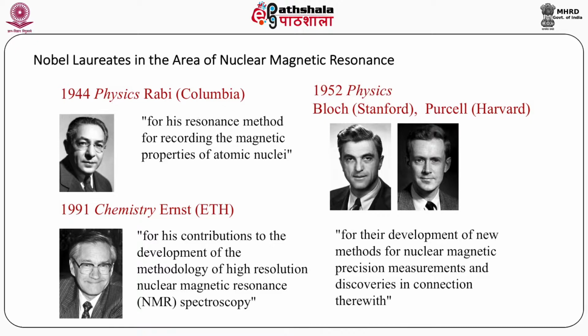For their development of new methods for nuclear magnetic precision measurements and discoveries in connection therewith. And then there was a gap, but there were many NMR related Nobel Prizes in between. And finally, in 1991, Richard Ernst was awarded the Nobel Prize in Chemistry for his contributions to the development of methodology of high-resolution nuclear magnetic resonance spectroscopy.